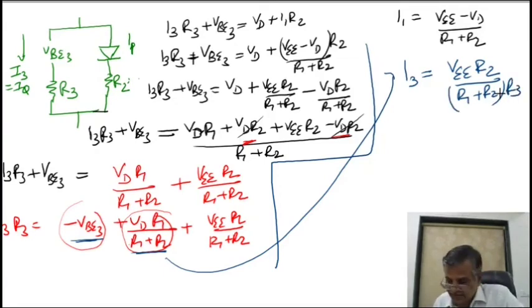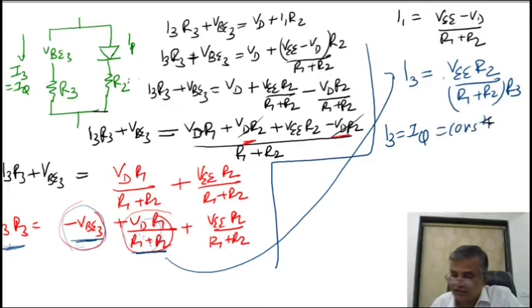After this mathematics, you are selecting this value in such a way that VBE3 and this term are equal, so they will cancel. So I can write this value in this way. So this I3, or you can say IQ, is a constant.